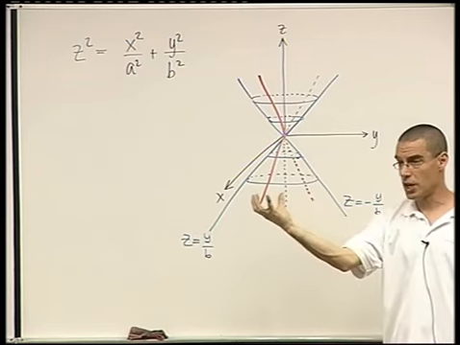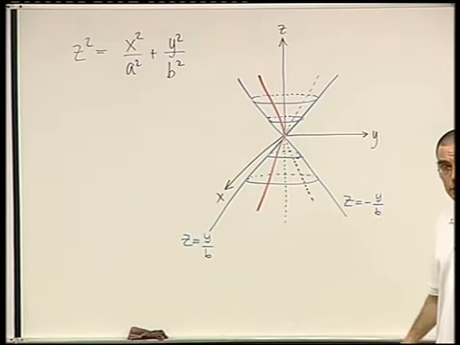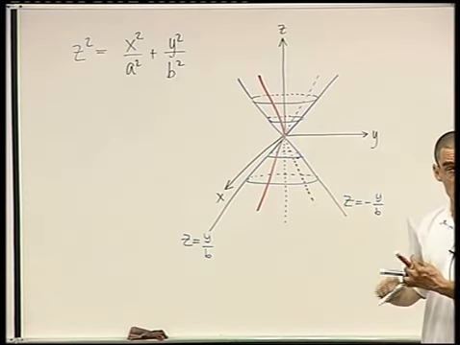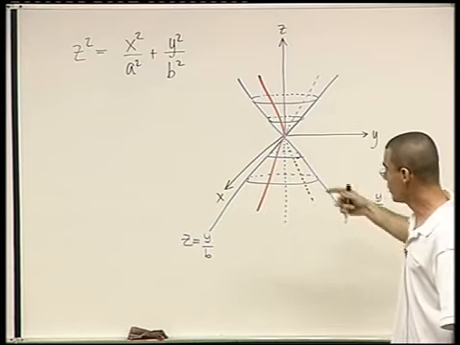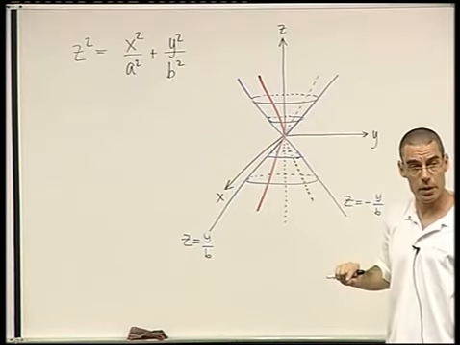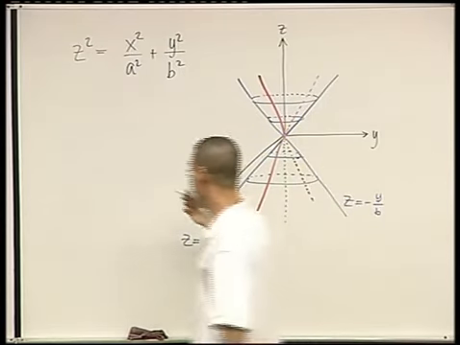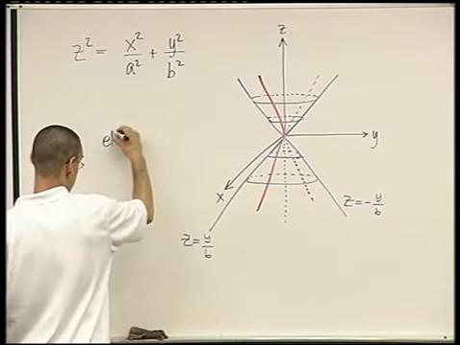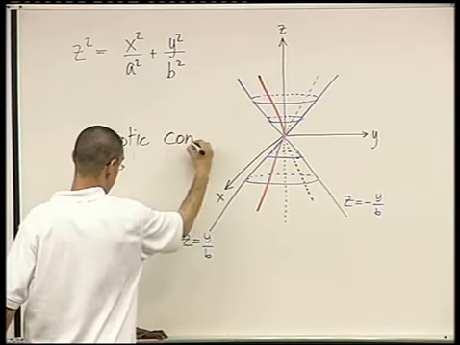It's not of this shape. It's more like a clown's hat, or what's called a cone. Do you agree? In regular language, it's two cones connected at their tip. Geometrically, this shape is called a cone. So this is called an elliptic cone.